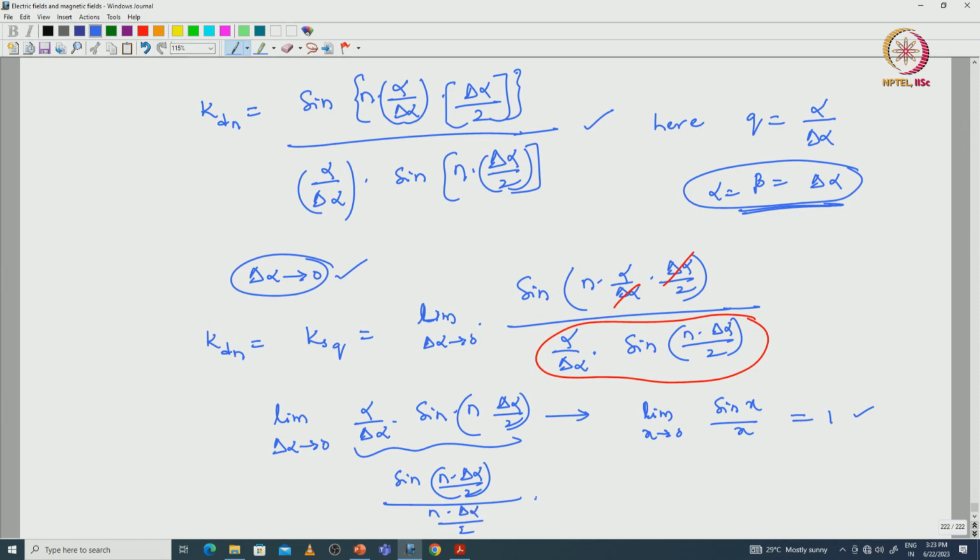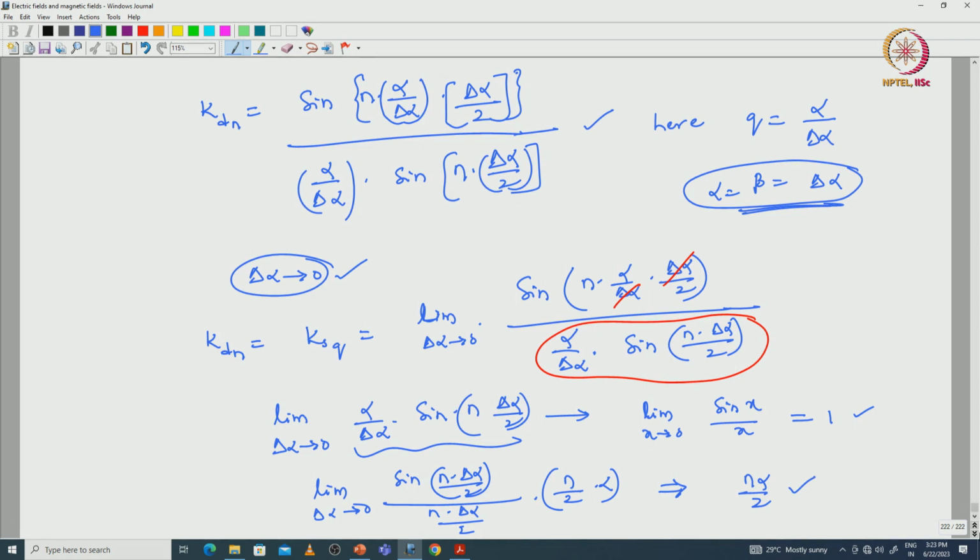If we add the extra term n by 2 into alpha, multiplying and dividing, then here limit delta alpha tends to 0, this one results in n alpha by 2 directly.